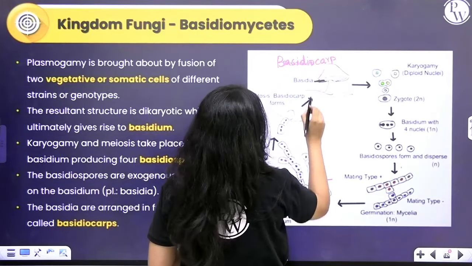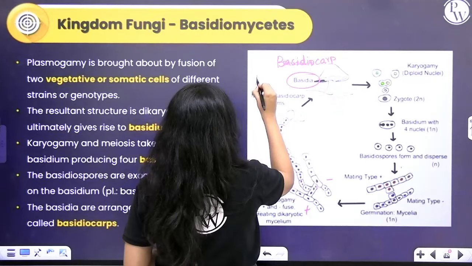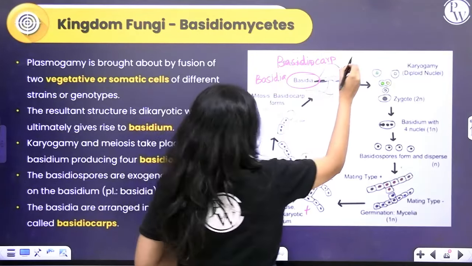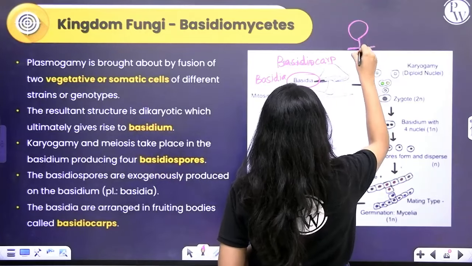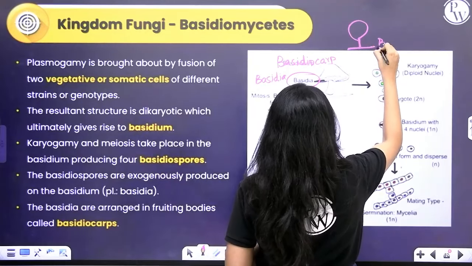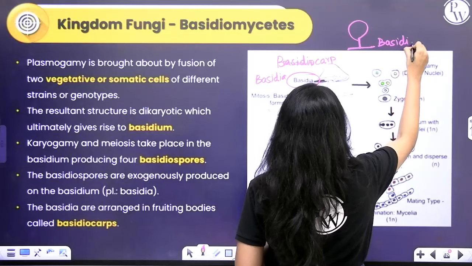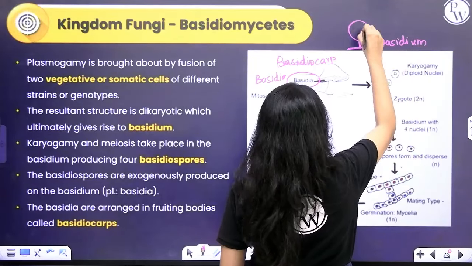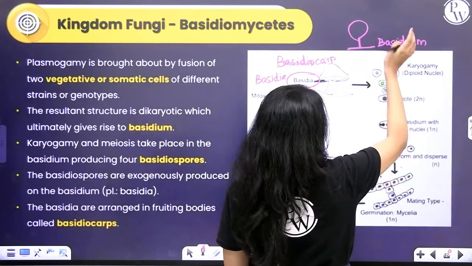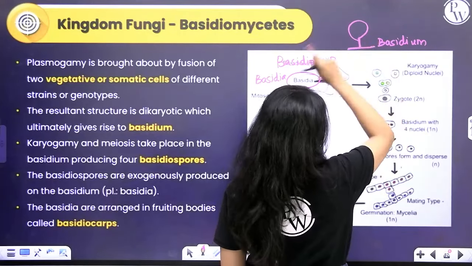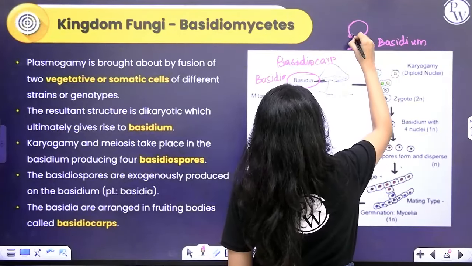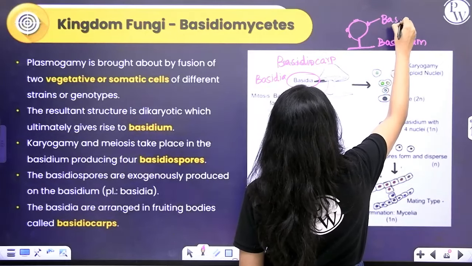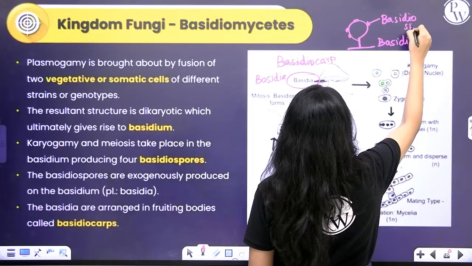Inside the basidiocarp, you will have structures called basidia. I will draw basidia here and show it to you. This basidium produces haploid basidiospores, but they are not produced inside the basidium the way the spores were produced inside the ascus. There it was endogenous. Over here it will be produced outside. These are called basidiospores.